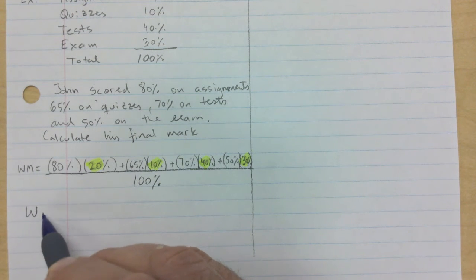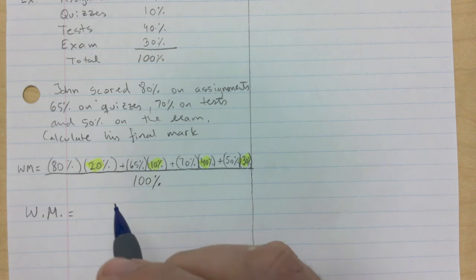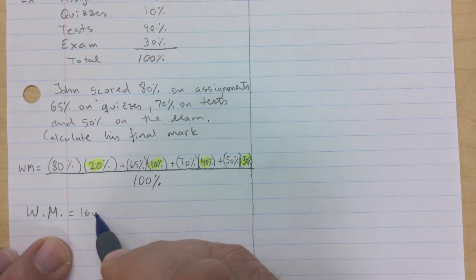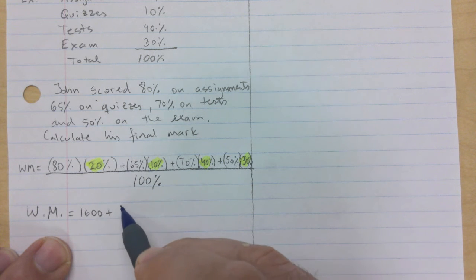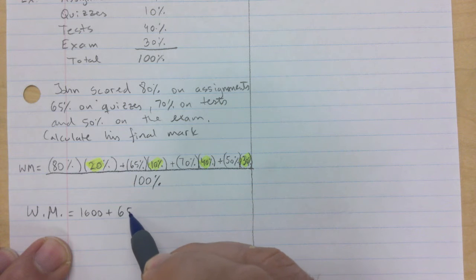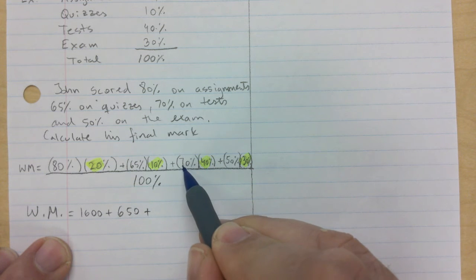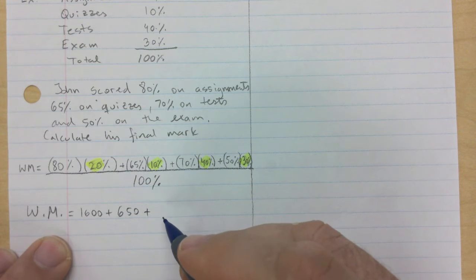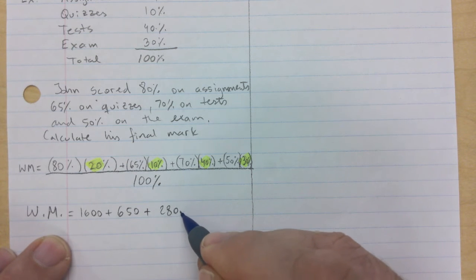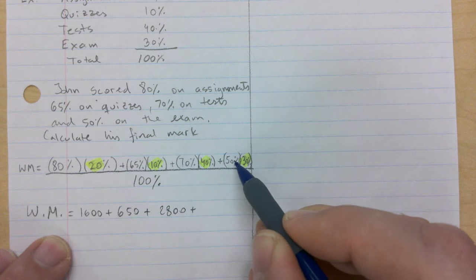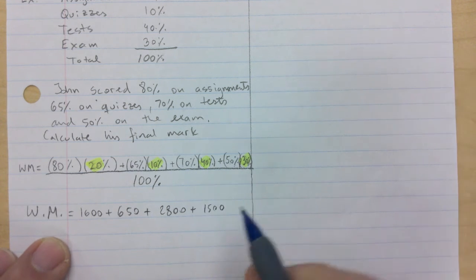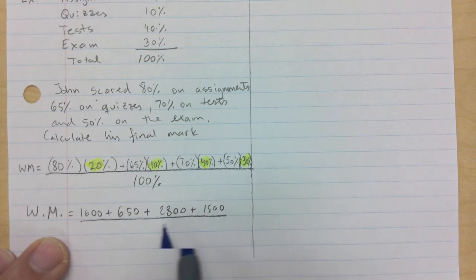So for the weighted mean, I will show you how to do this with a calculator. You just go 80 times 20, that's 1600, plus 65 times 10 is 650, plus 70 times 40 is 2800, plus 50 times 30 is 1500, divided by 100.